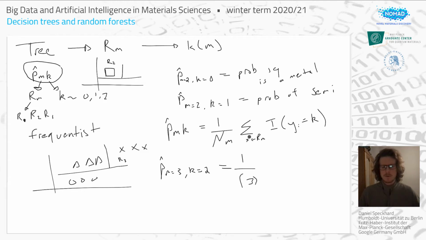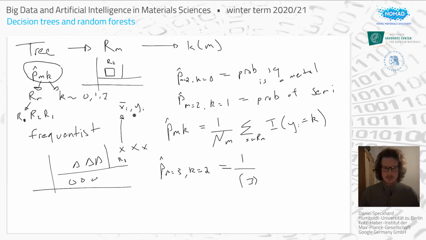And then we're going to sum over all of the data points, and we're going to add a 1 to the sum if the yi's corresponding to these xi's match the class. These data points have some features here, and they have some y values here.